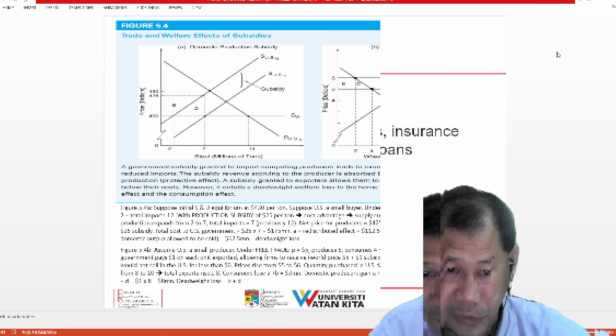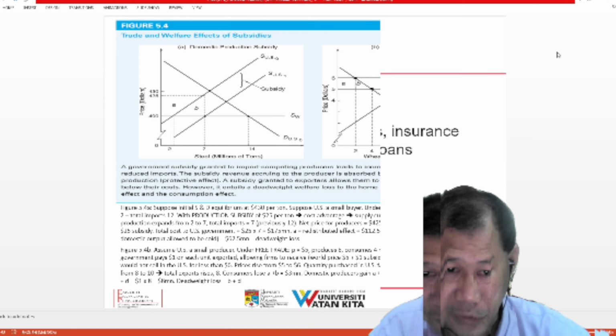And now it still consumes 14. So 7 is the total import. Total import has now reduced from previously 12. Now total import is only 7.